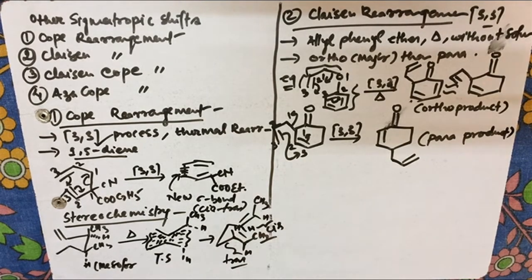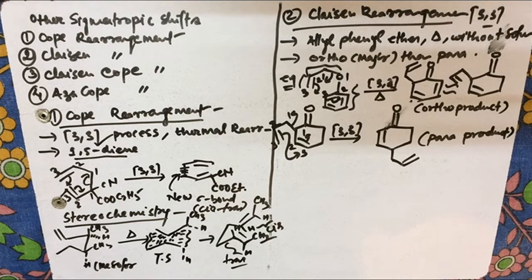Hopefully you understand what I am trying to explain. So in both ways you can shift the allyl group to the ortho as well as the para position. Now there are 3 cases.